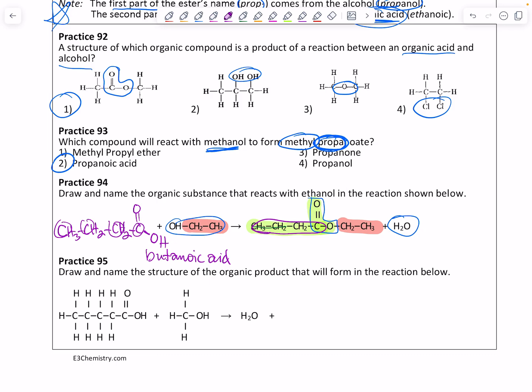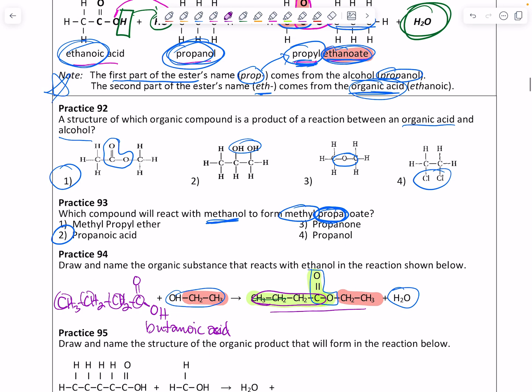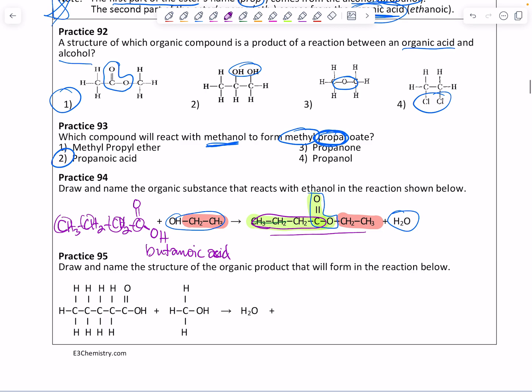And then the name, I forgot the C. There we go. The first part of the name of the product comes from the name of the alcohol, so this would be ethyl.